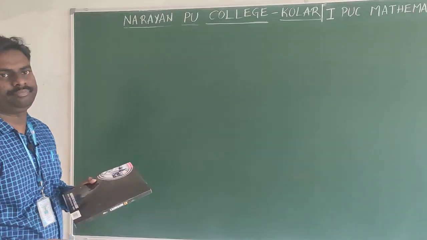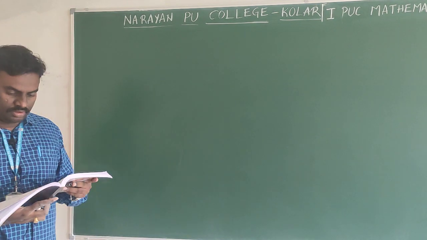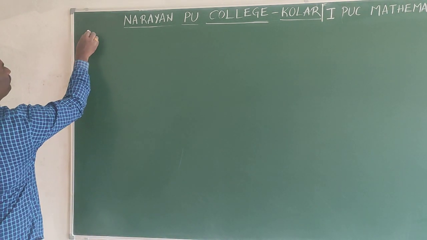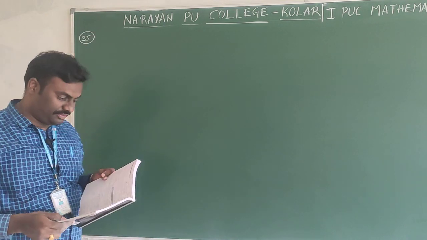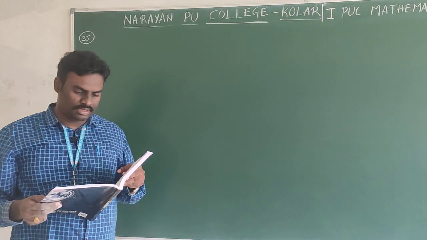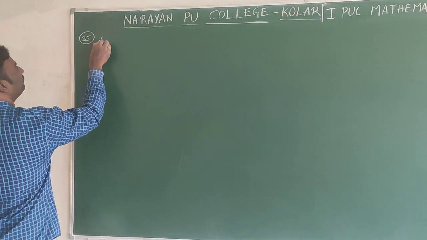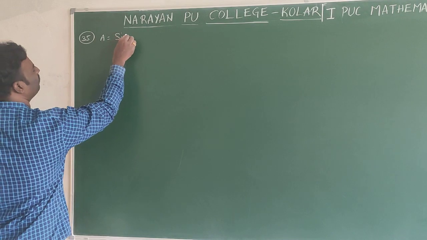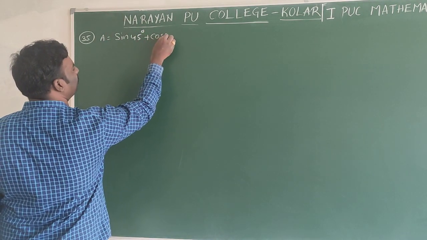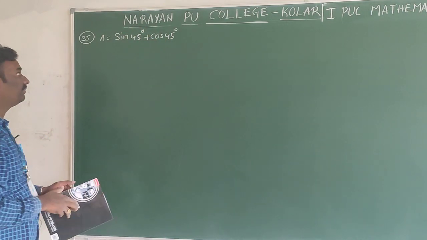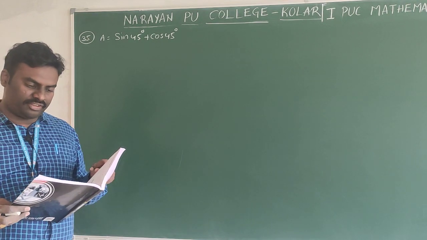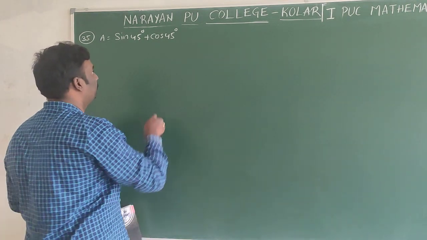Next, question number 35. In question number 35, if A equals sin 45 plus cos 45, that is A. And B is sin 44 plus cos 44.